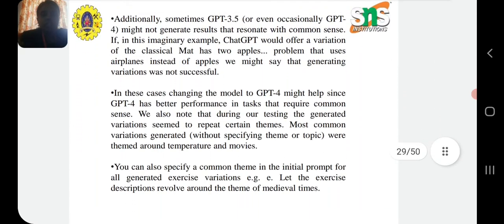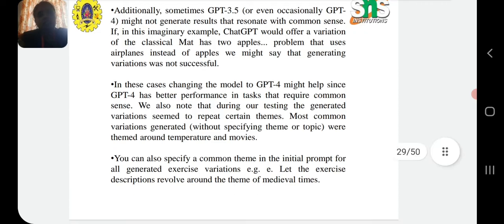Additionally, it sometimes generates results that go against common sense. For example, if ChatGPT offered a variation of the classical math problem about apples that uses airlines instead of apples, we might say that generating variations was not successful.